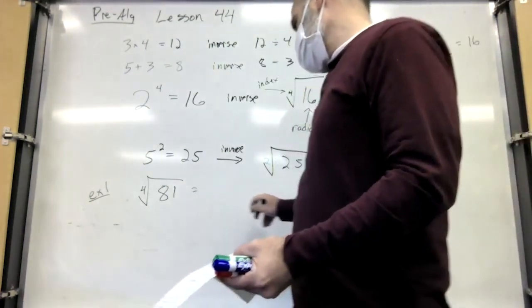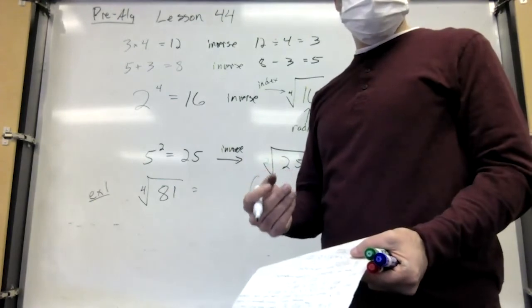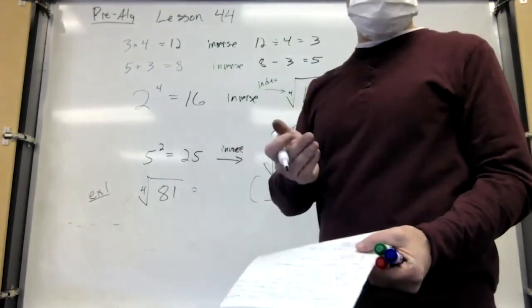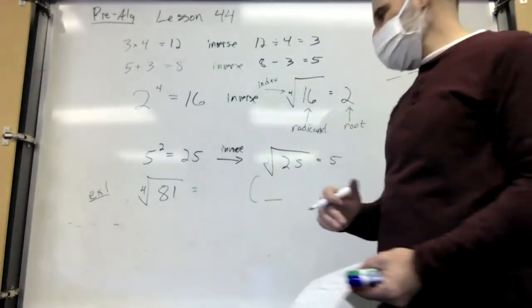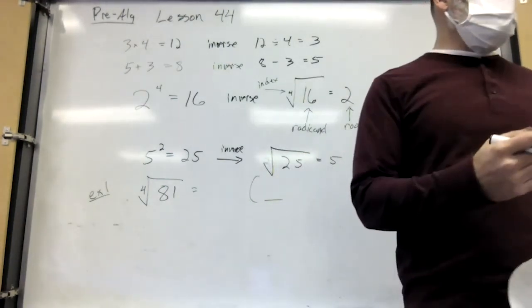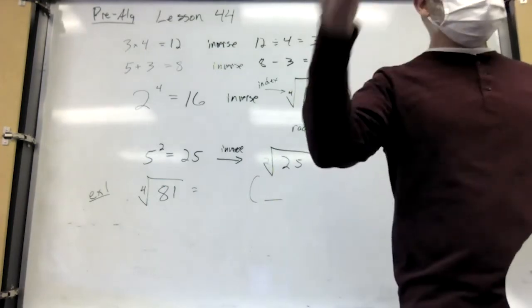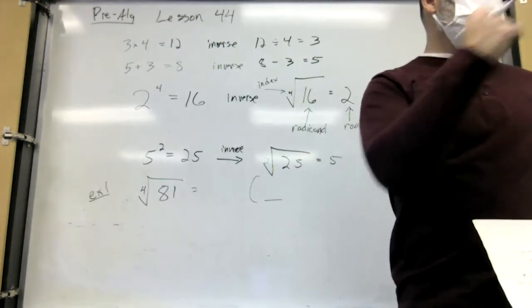Is it 8? Well, 8 times 8 is 64, times another 8 is like 512. So you're way too far. So it's a lot less than 8, but it's more than 2. So 6 times 6 is 36, times another 6 is 216. So you went over. But this is how you do it.